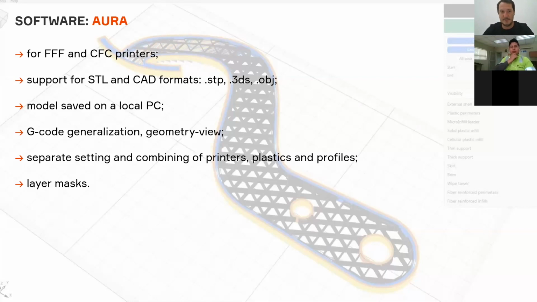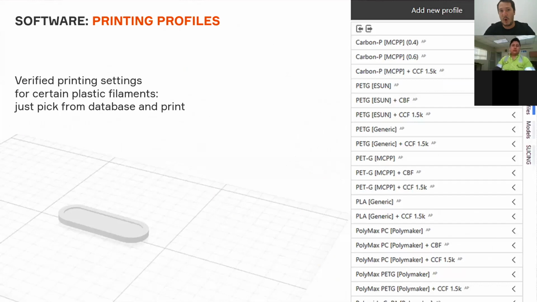It will include a few more features, some updates, some improvements, and of course, most important, it will include a wide range of printing profiles for materials that are available for using on our system. Of course, there will be profiles for smooth PA and CFC PA, and there will be a bunch of material profiles for third-party materials that are also possible to use on our system.